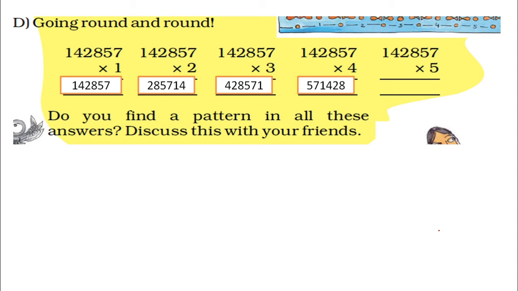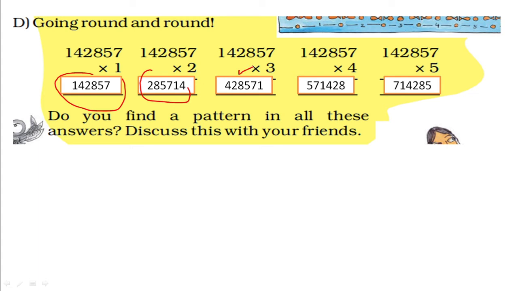If multiply with 4, 571428. If I multiply it with 5, then 714285. So this will be answer. So do you find a pattern in these answers? Can you see what is the pattern in all these answers? Do you find any pattern? Can you say?